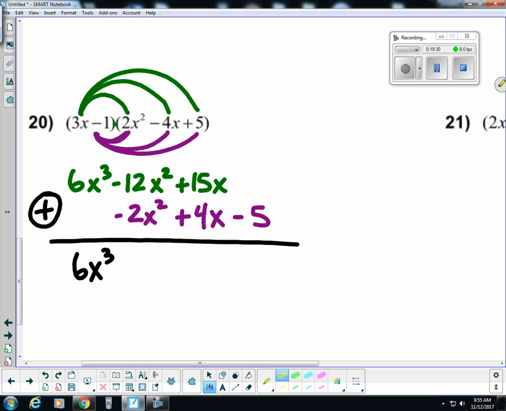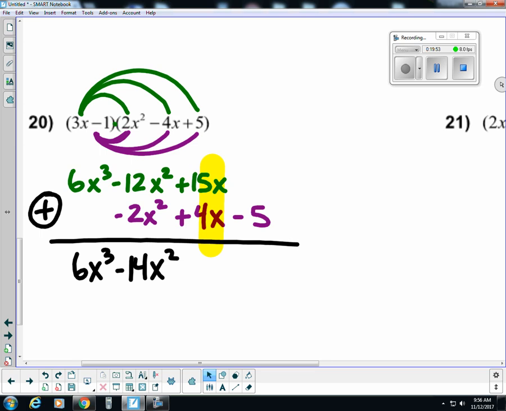Now, second column, I add negative 12x squared minus 2x squared. And when I do that, it's negative 14x squared. Remember, when you add like terms together, or subtract, the exponents don't change. That only happens when you multiply and divide.